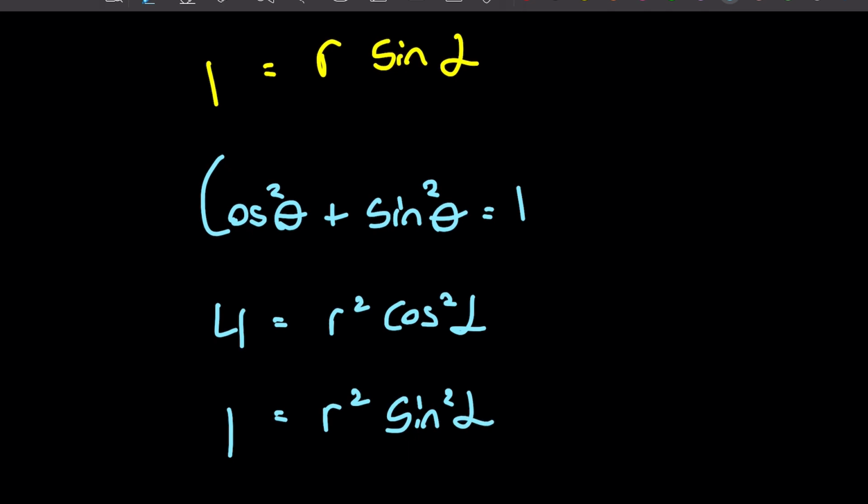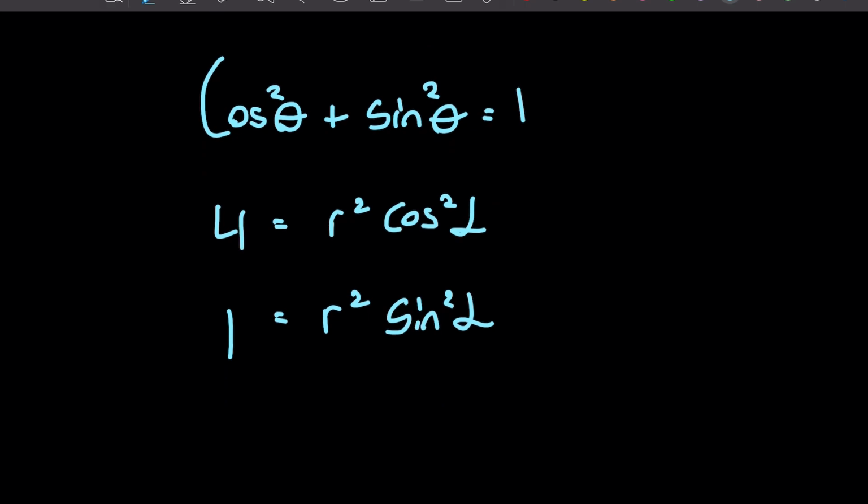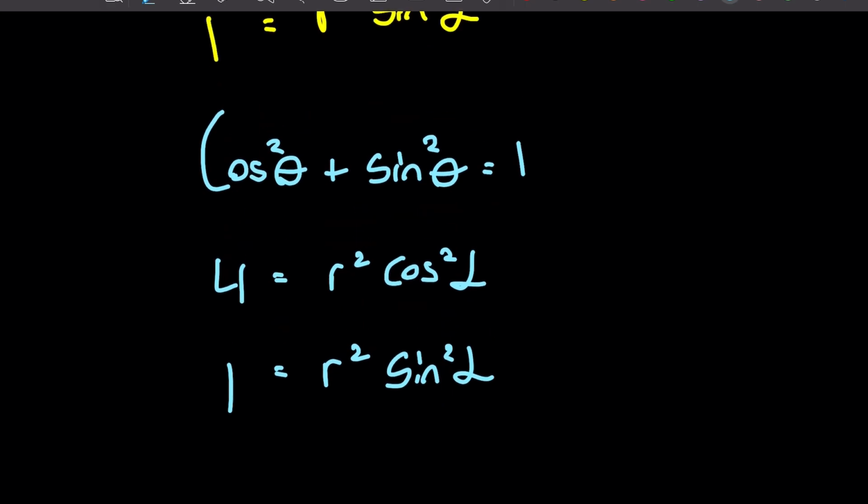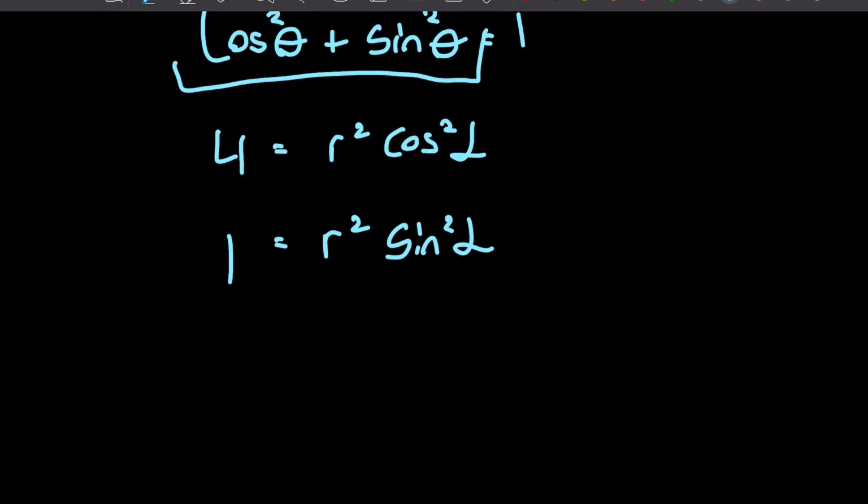So before we divided them to find alpha, but what if we added them now? Well, if we added them, we'd be able to have something that deals with cos squared theta plus sine squared theta, right? So what we're going to have is 4 plus 1 is equal to r squared cos squared alpha plus r squared sine squared alpha.